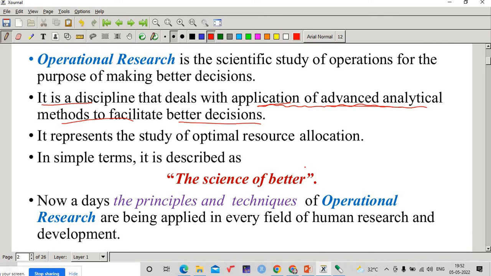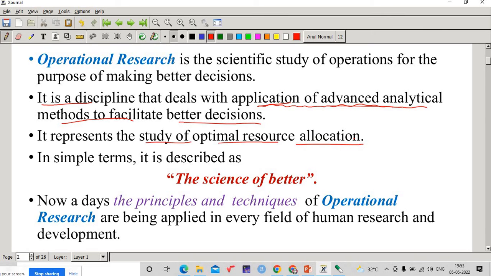So I was telling you about the application of advanced analytical methods we are using here to facilitate better decisions. Better decisions in every sector, as I mentioned earlier, whether it is business or agriculture or organization of any institute. Then it represents the study of optimal resource allocation.